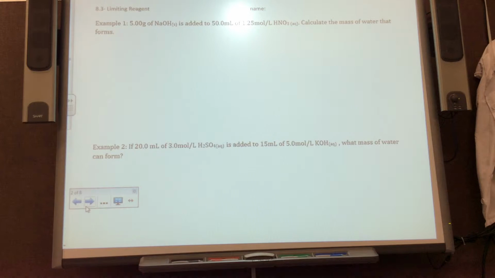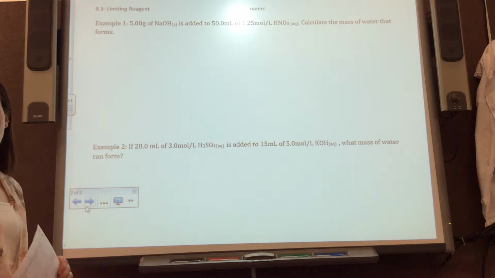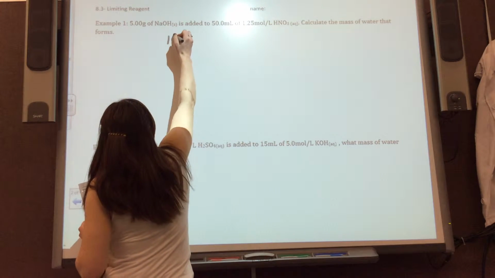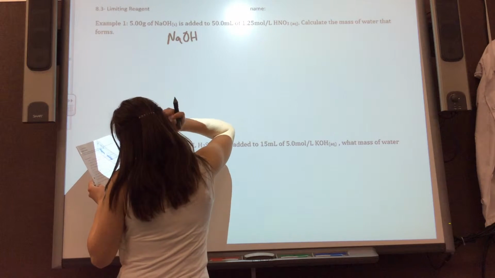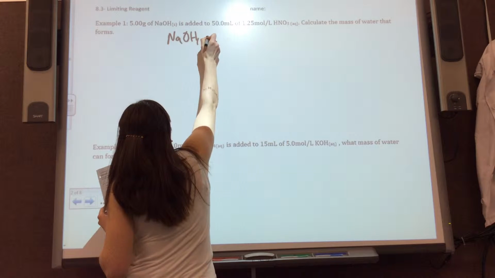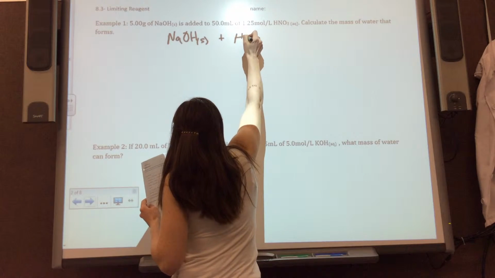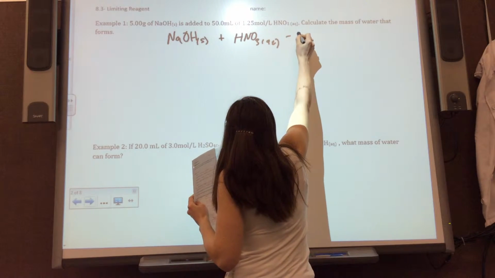Okay, so first step, write out our chemical equation. We have a base and an acid reacting together, so it makes sense we should get water and a salt. So we have our NaOH, and it says it starts as a solid and then we add it to HNO3 aqueous.